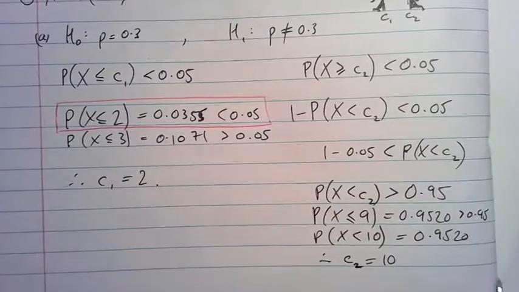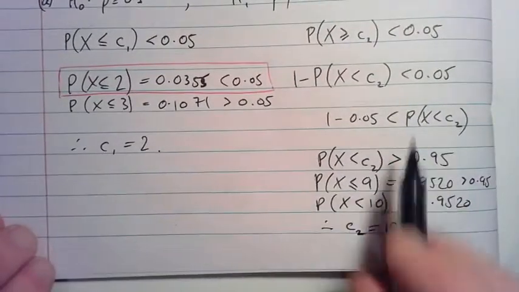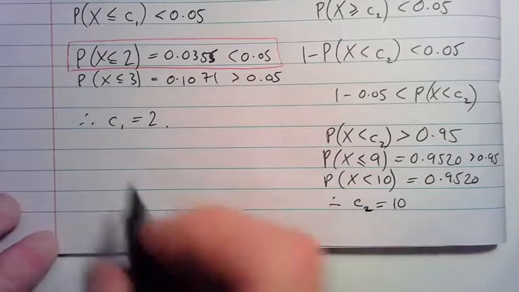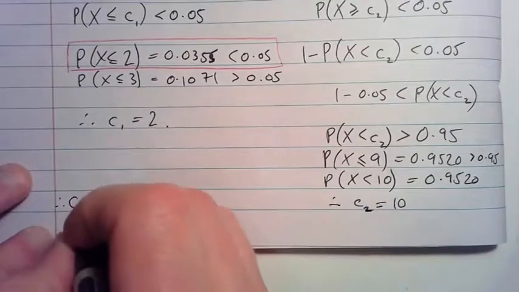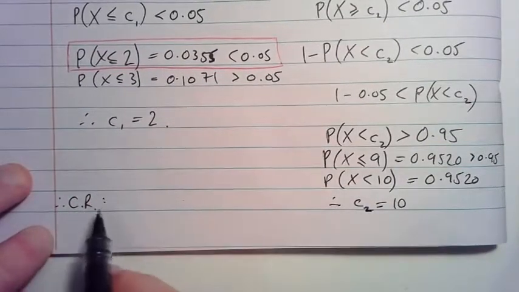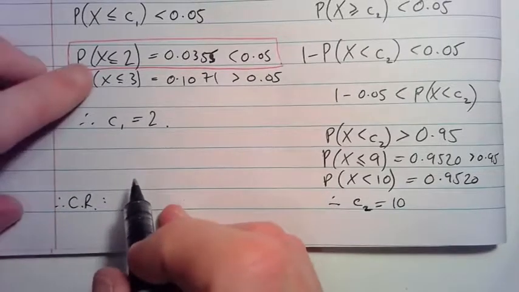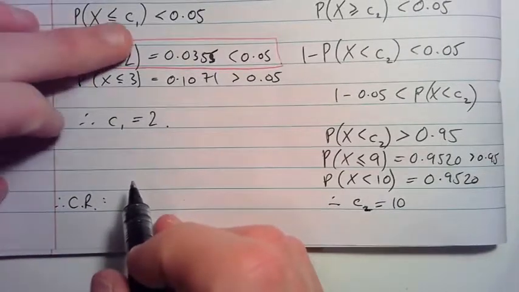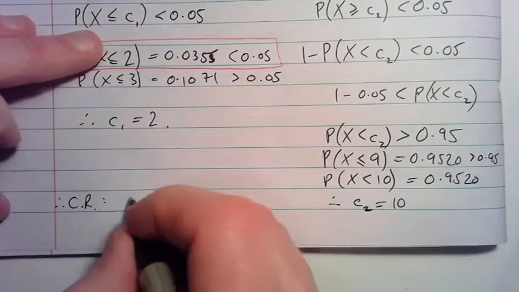Okay. So quite complicated on the high side there. But the resulting critical region then is, on the low side, we can have x less than or equal to C1, where C1 is 2.